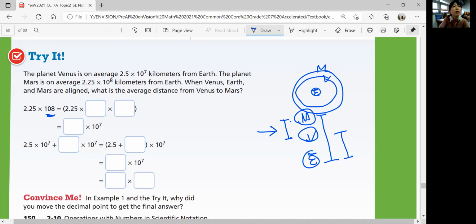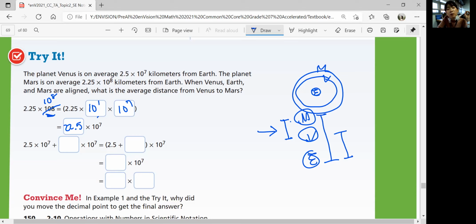I think that's a typo. 10 to the 8th power, right? You're going to rewrite that as, what do you need to do to make 8 into 7? You subtract 1. So you have 10 to the first power times 10 to the 7th power. And you can multiply 2.25 times 10. You have 22.5 times 10 to the 7th power.